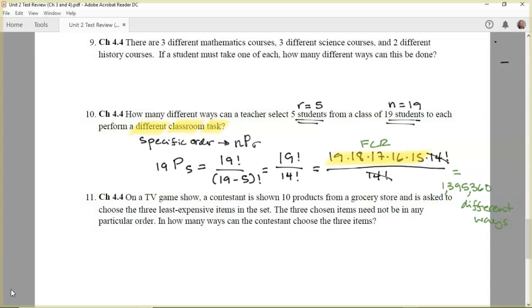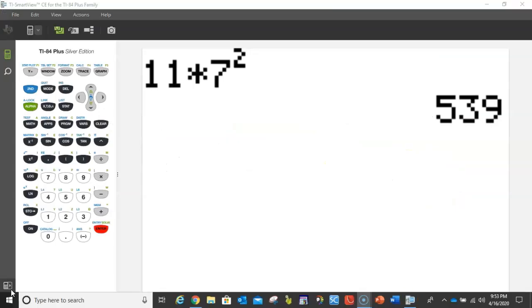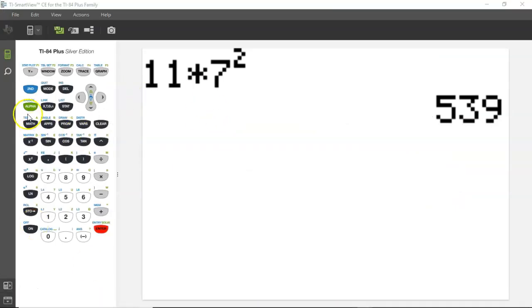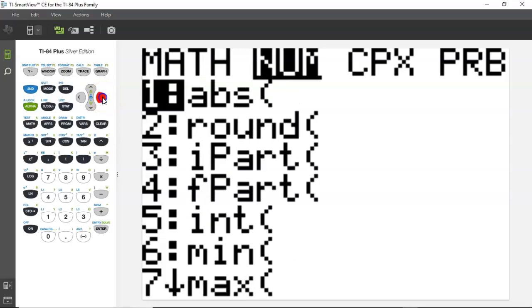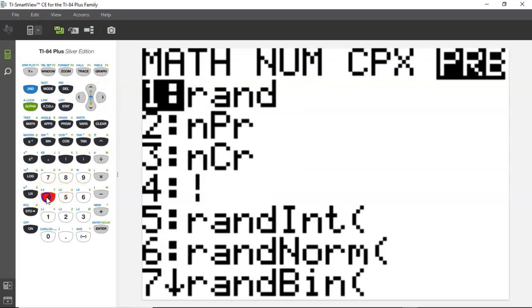And just to re-show you how you would evaluate that. In the calculator, I'm going to do alpha y equals, so I can set up the stackable fraction. Then I want 19 factorial, so math, probability, the number 4.